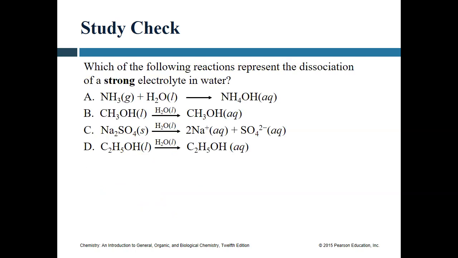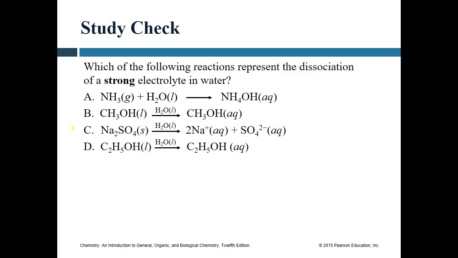Which of the following would represent a strong electrolyte in water? So we've got to think back, what does a strong electrolyte show? A strong electrolyte is going to show what as products? Charges, ions.